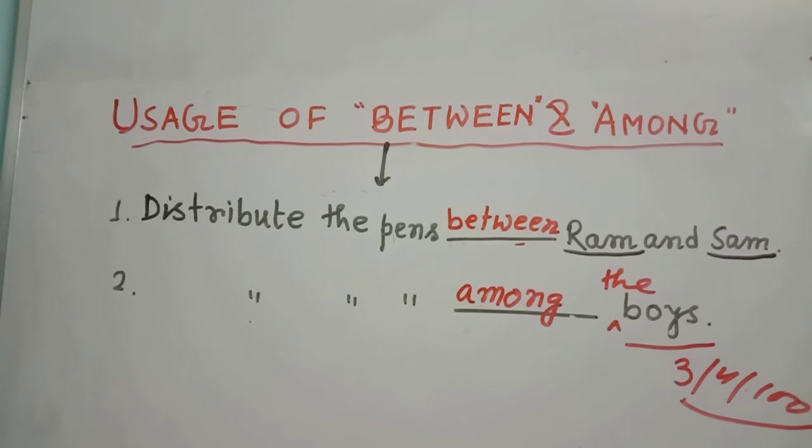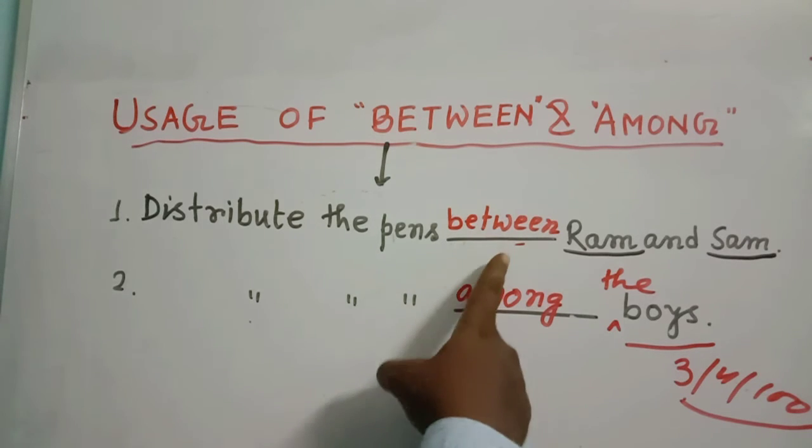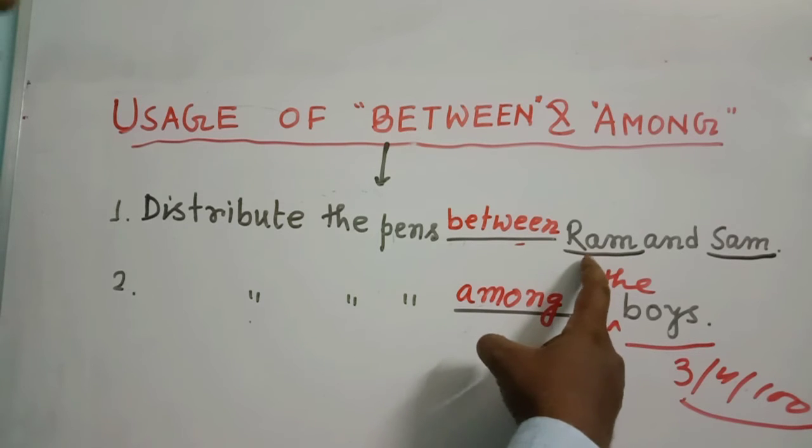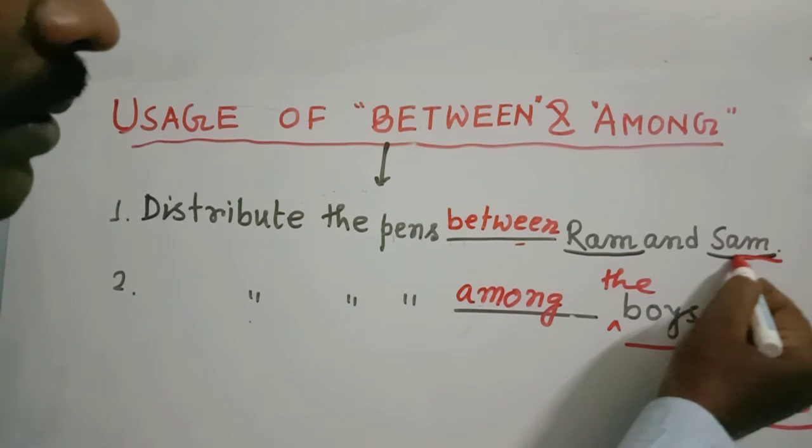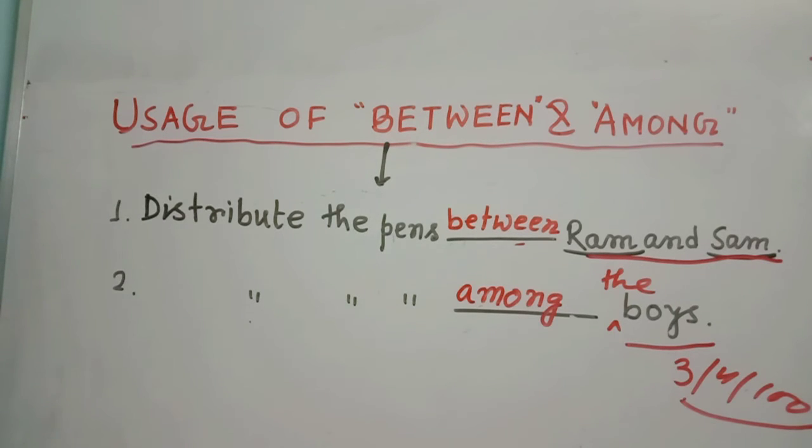But the fact is that, my dear friends, we should use between whenever these nouns or pronouns are individuals. Actually, the rule is that we use between whenever these nouns or pronouns are individual or separate, or you can say it's not a group.